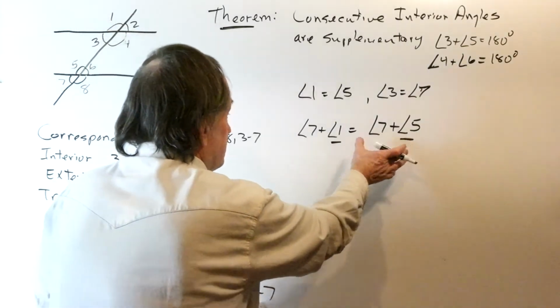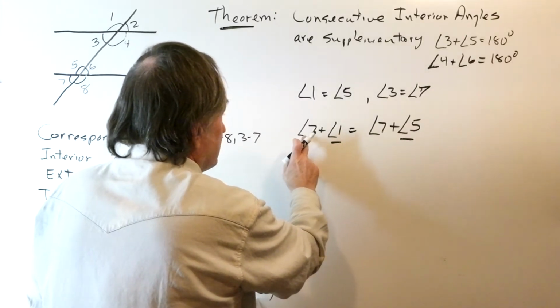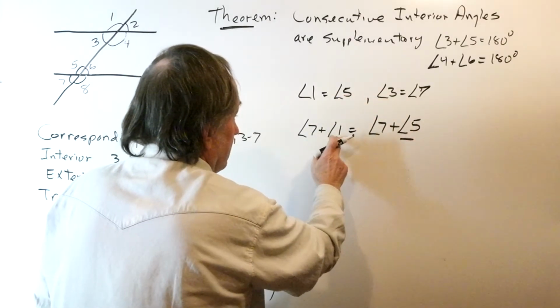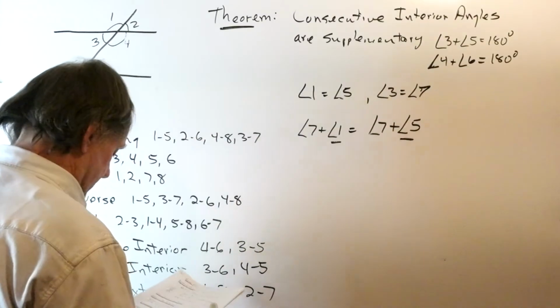We're doing this by substituting. What we're doing is if we take angle 7 and add to it angle 1, then we can substitute angle 5 in. This is substitution. And we get this relationship.